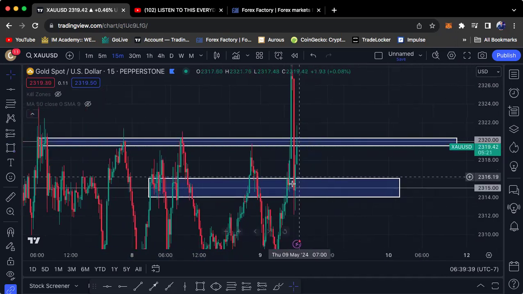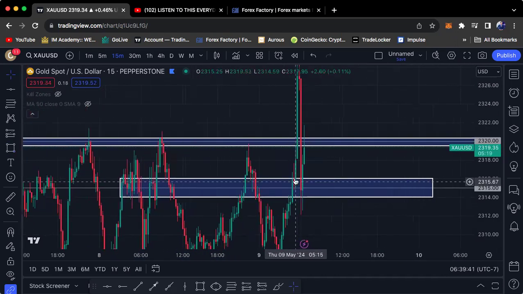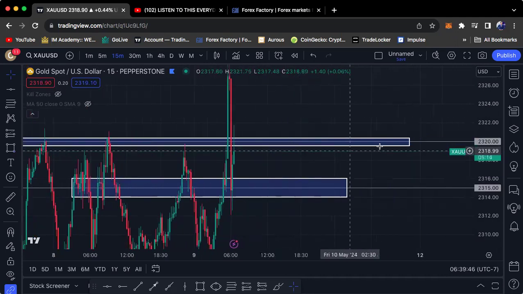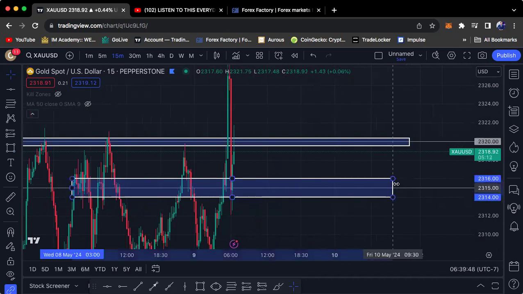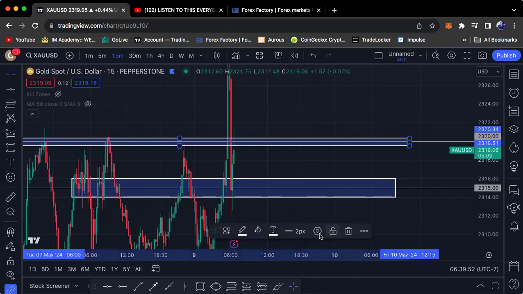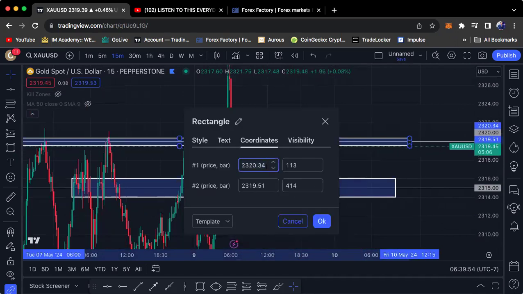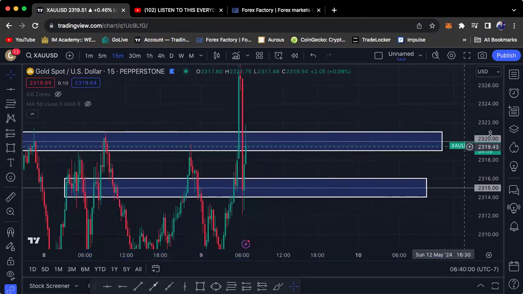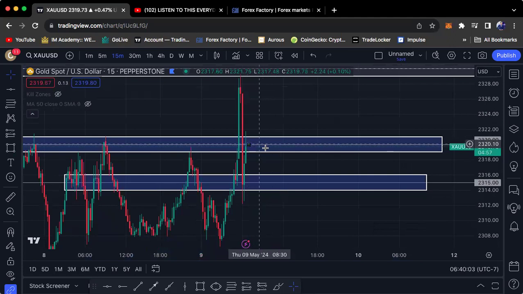My internal zone, this is like my support, and this is my resistance. 2321, 2319. Boom. If you're looking for a scalp move, you can catch easily 50 pips, 60 pips, trading from zone to zone.